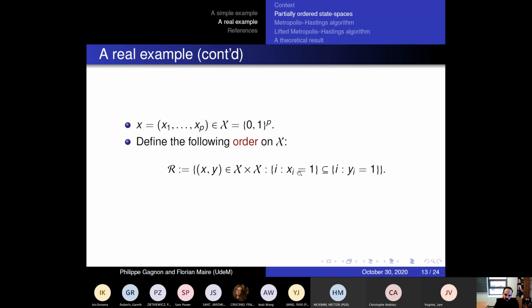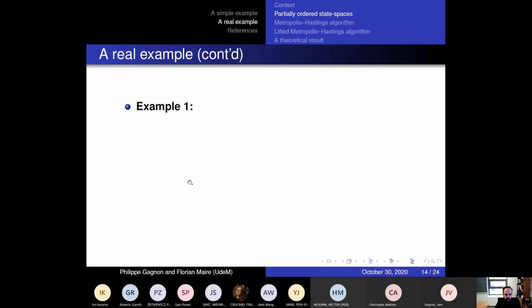So basically, you look at models that are nested in y. Okay. So when you have such a pair of x and y, and x is different than y, we say that x is smaller than y using this order, okay? And we will denote it like this, okay?